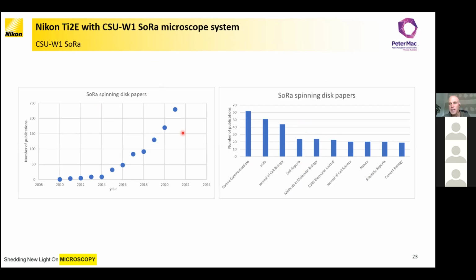Not surprisingly, this is something manufacturers tend to put on their website. They show an increasing number of publications per year. Well, of course there are, because people are publishing, they're going up. But the point is that within the last 8 years, and even the last 4 years, the number of publications have really taken off. It really has become a technique that is proving itself to be incredibly powerful in generating really high quality data.